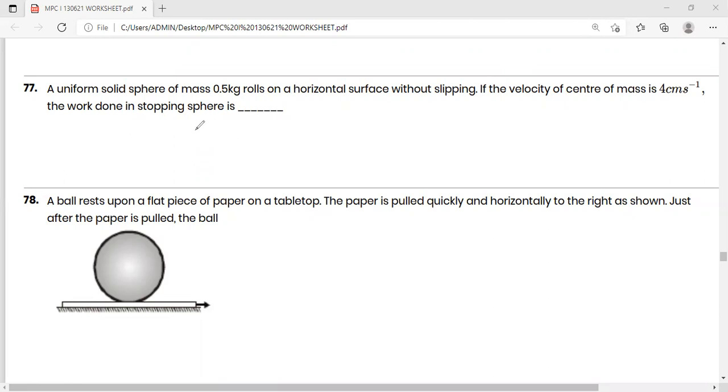Since it is rolling, the formula for kinetic energy is half mv square into 1 plus k square by r square. And this is equal to half into mass 0.5, velocity square, velocity is 4 centimeter per second. In terms of meter per second, 4 into 10 power minus 2.